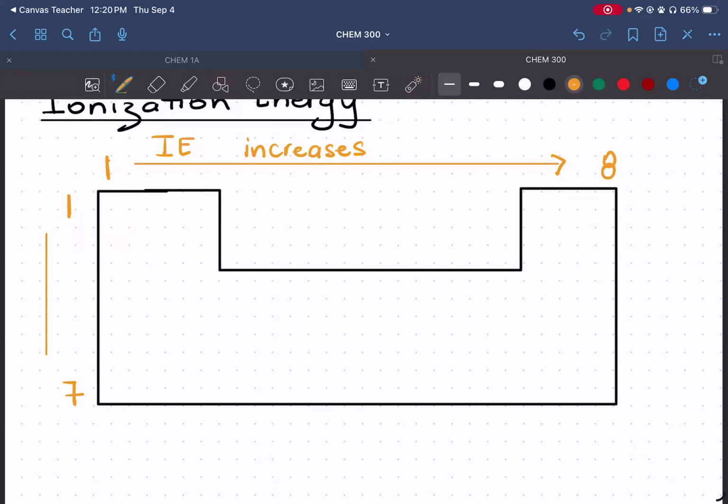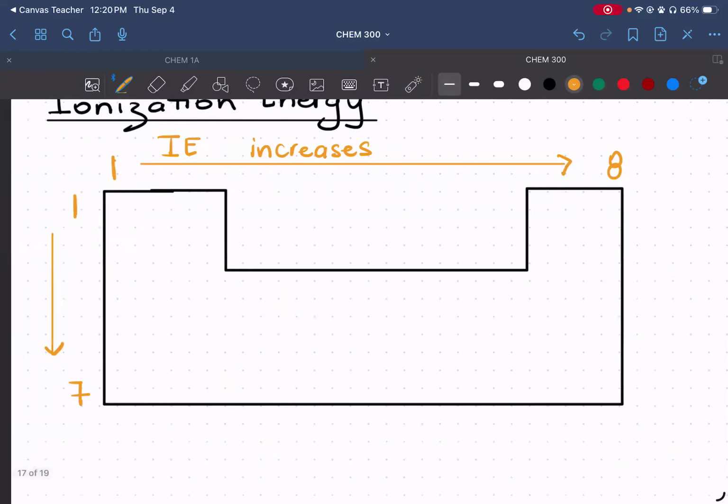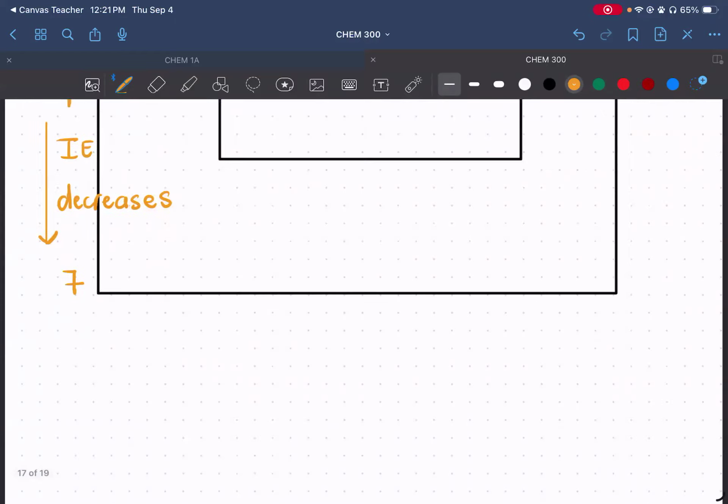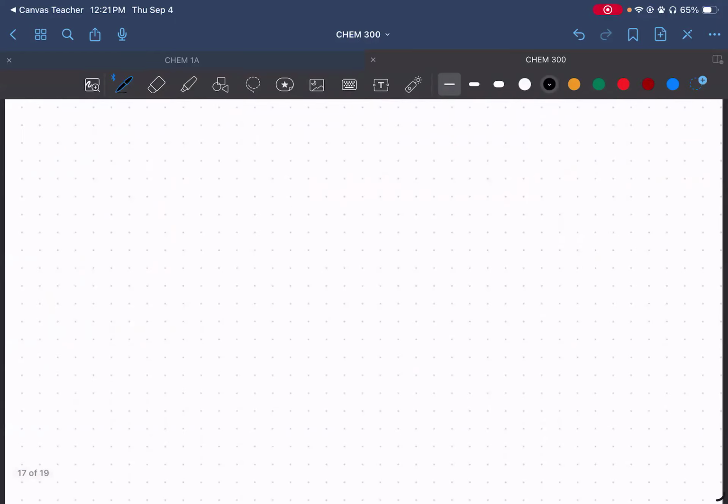Applying the same logic to going down a group, ionization energy decreases going down the group. That's ionization energy.